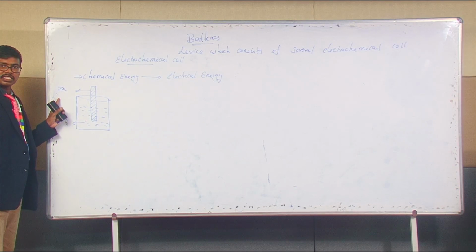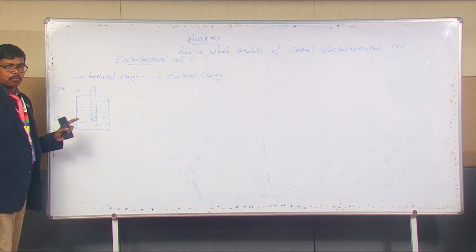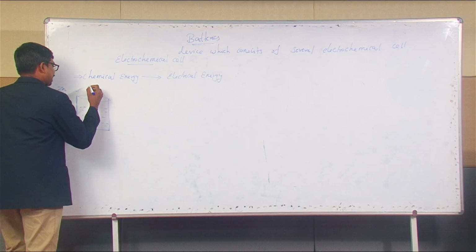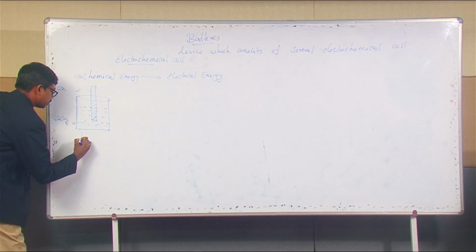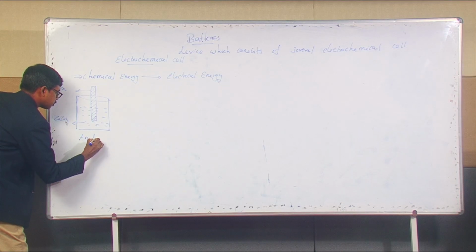In the electrochemical cell, we can connect one more half cell. The first one acts as an anode, so it is called the anode compartment.